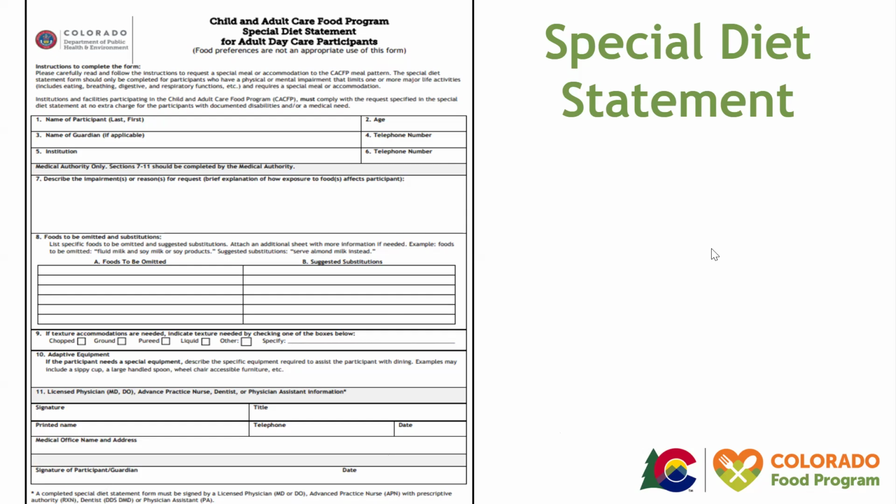I have a question as well. On it has like the mechanical soft or puree or whatever. Do we have to have one of these forms if we have a physician's order that's signed by the physician stating that they need to have their food in this other form rather than regular? Yeah, so I believe you sent me an email and I was going to email you back.